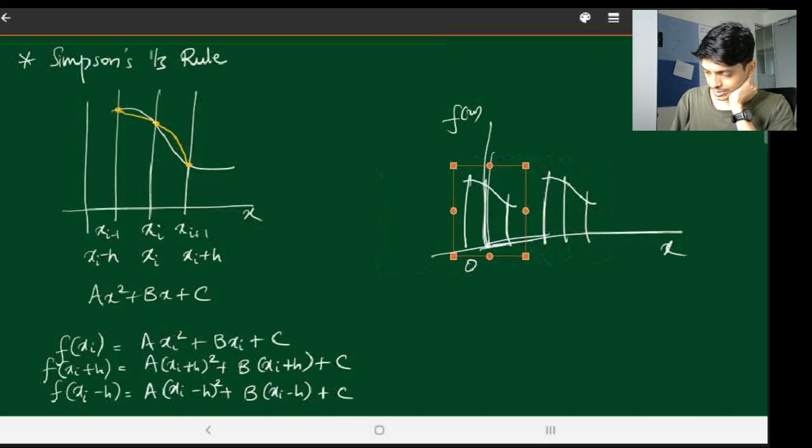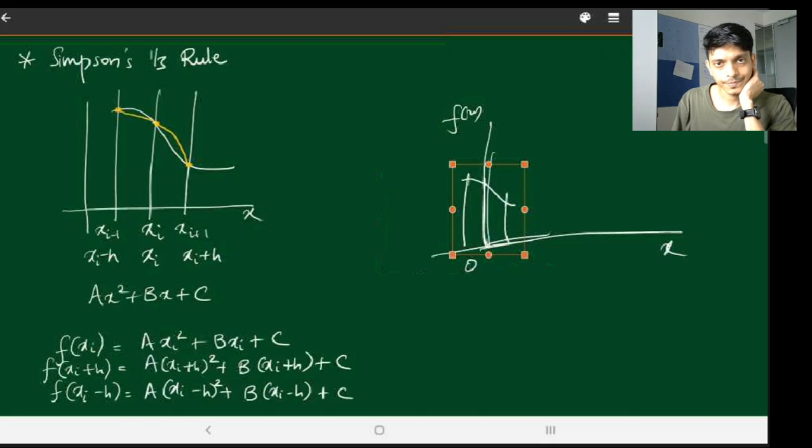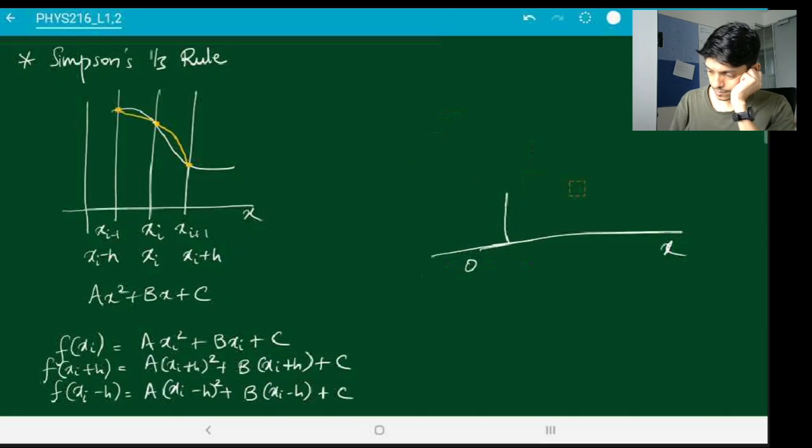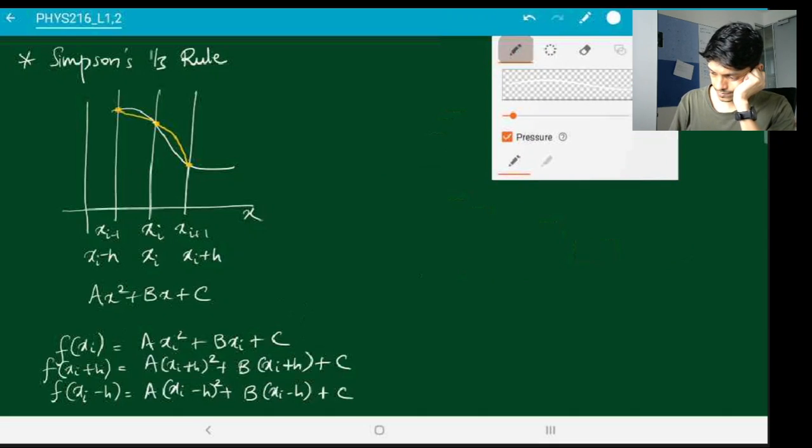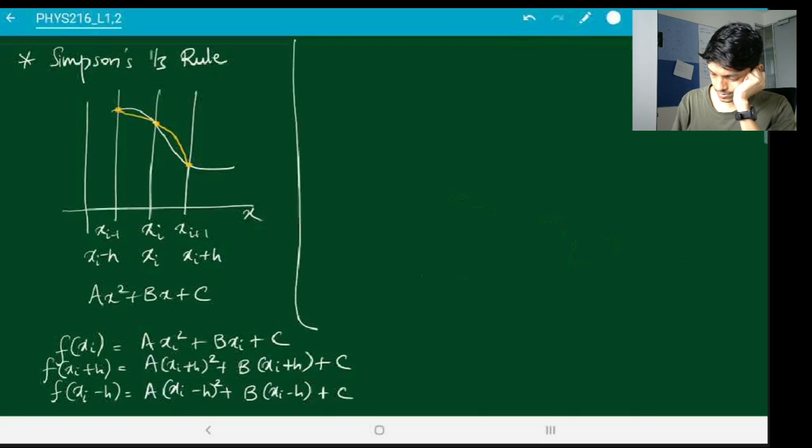So just for simplicity, let me put them over here at the origin. In other words, when I say f of xi plus h, f of xi minus h, I can just pretend that xi is 0, and I will still get the same formalism for the area under the curve. So let's do that. I'm going to treat my xi as 0.